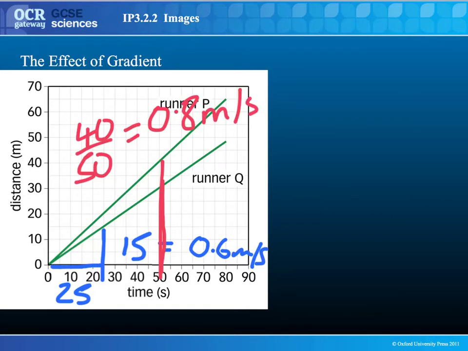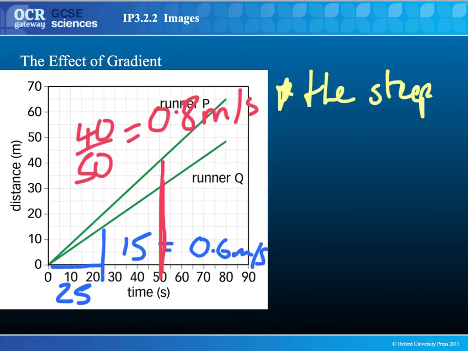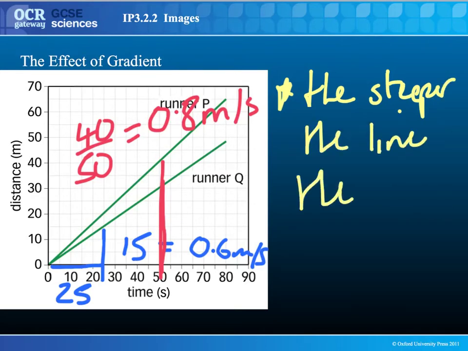We can therefore make our second conclusion about distance time graphs: the steeper the line, the faster the object is travelling.